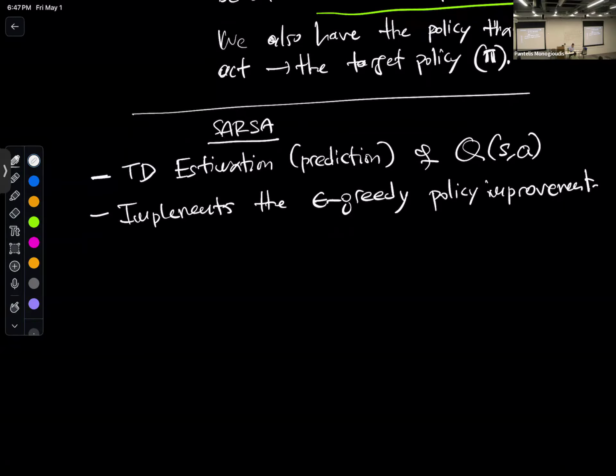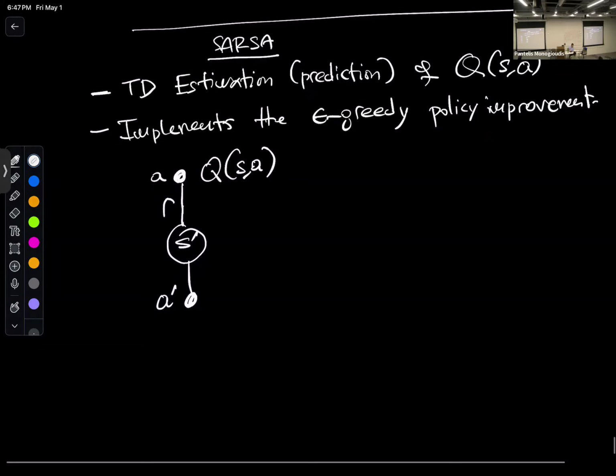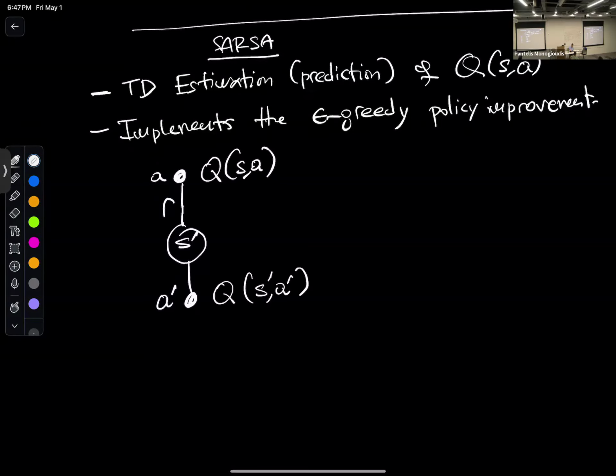So effectively, we take this action A, we get a reward from this action, and enter into state S prime. From that, we take another action called A prime, potentially different from the other one. Obviously, this action has a Q value, Q of S comma A, to remember what we were discussing. And this one is Q of S prime comma A prime.